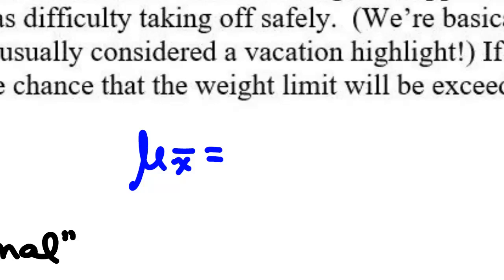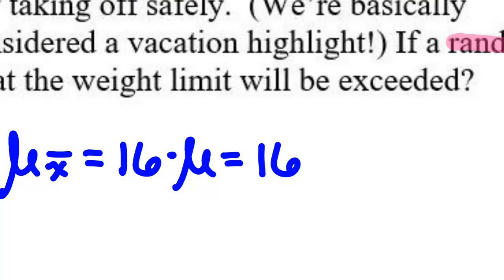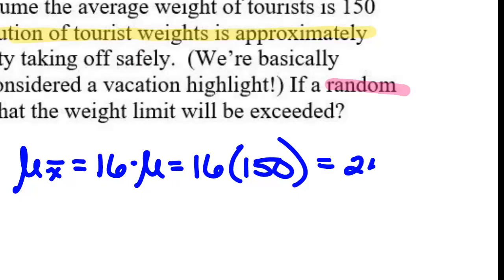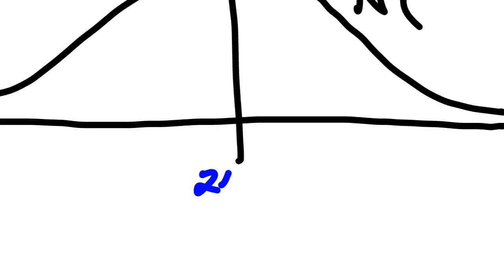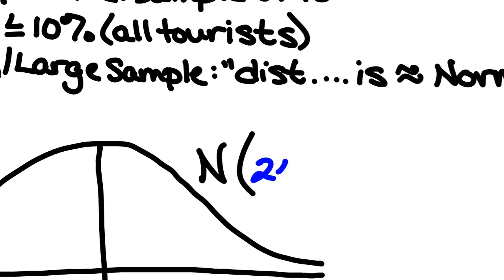How did we get 2,400? Yes, 16 people times the mean weight of the tourists. So that would be 16 times 150, which comes out to be 2,400. So that's what goes right down the center and goes next to the N.